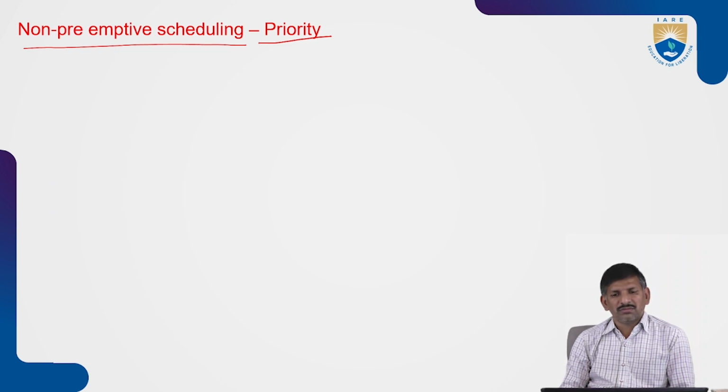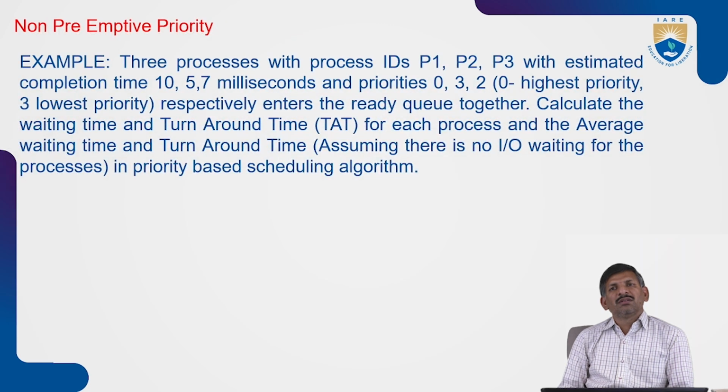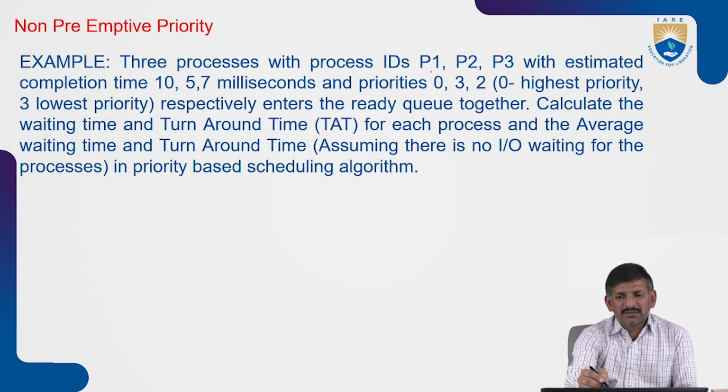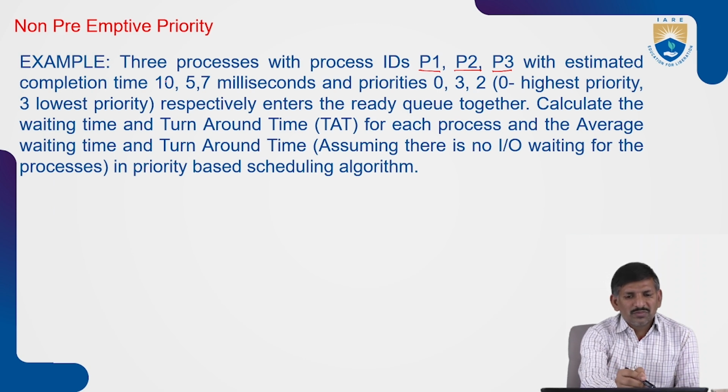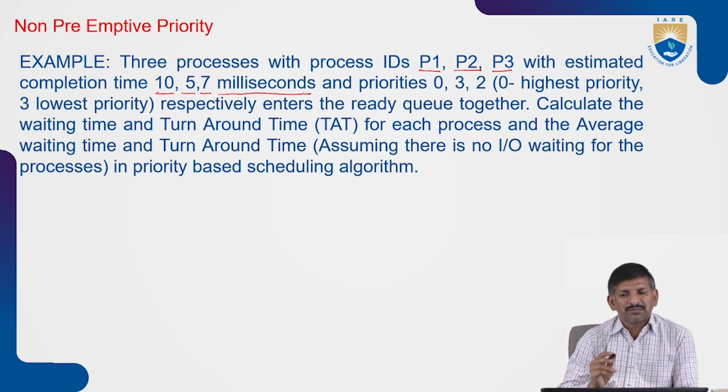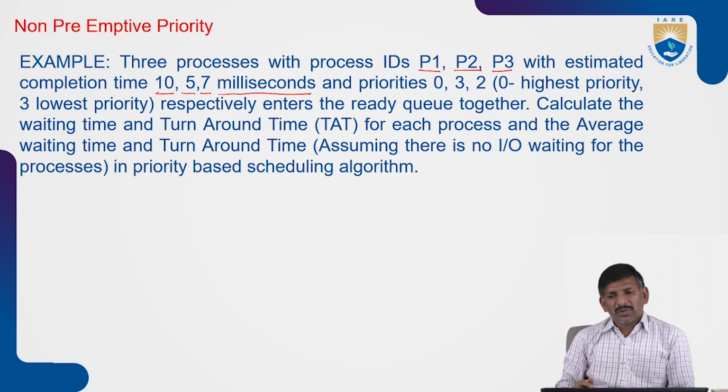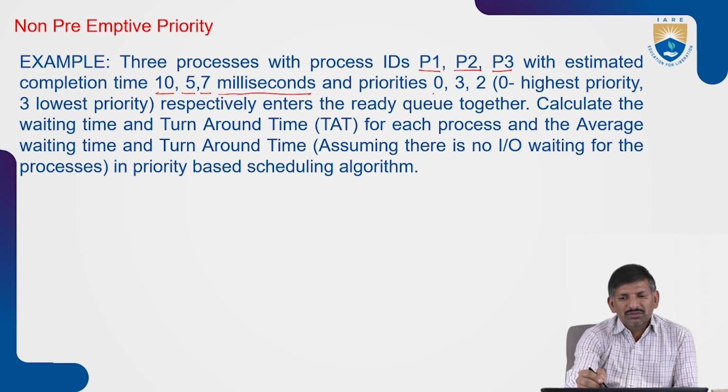Shall we go with one example? Here we are considering 3 processes, P1, P2, P3, with estimated execution times of 10, 5, 7 milliseconds and priorities 0, 3, 2.